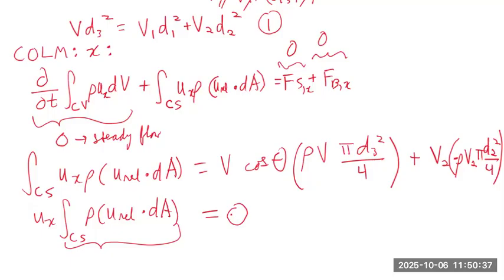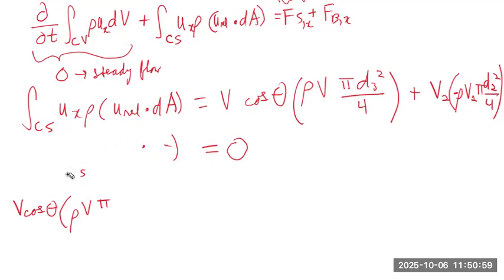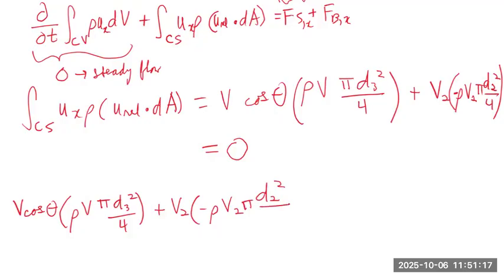Now we will substitute and simplify. Our whole equation is going to be V cosine theta times rho V times pi D3 squared over 4 plus V2 times negative rho V2 times pi times D2 squared over 4, and this is equal to 0.